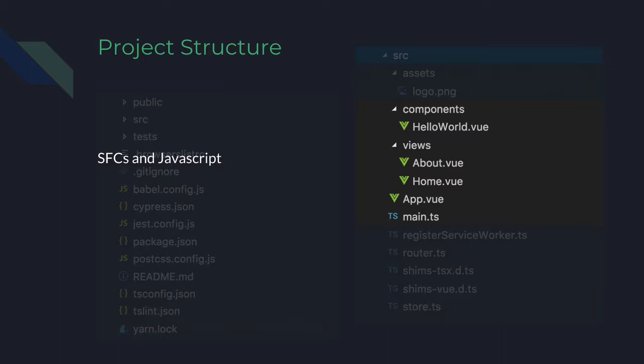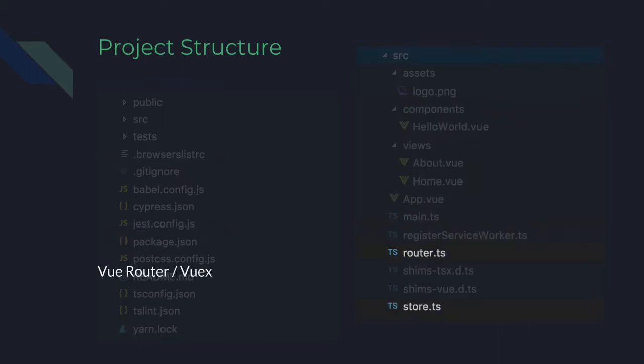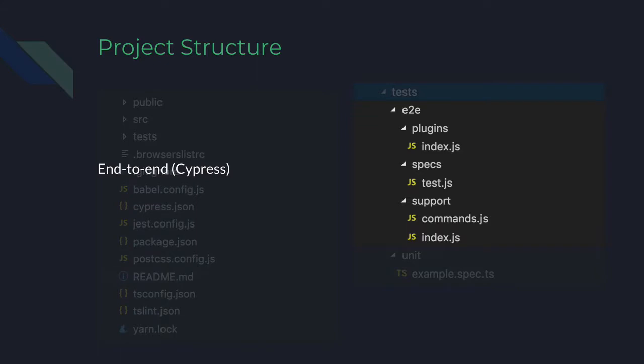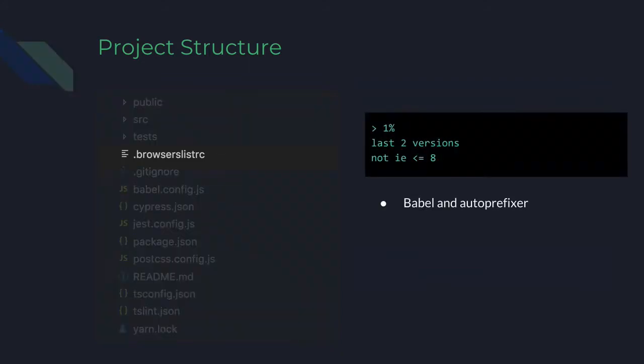And then we have our single file components with JavaScript. In this case, TypeScript was used, so you see .ts instead of .js. We have our service worker, which again is coming from PWA. Router and Vuex are here. TypeScript shims. And then in our test folders, we have both Cypress and Jest for end-to-end and unit testing.